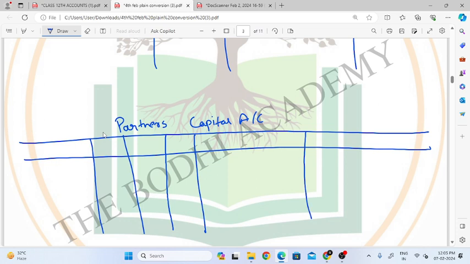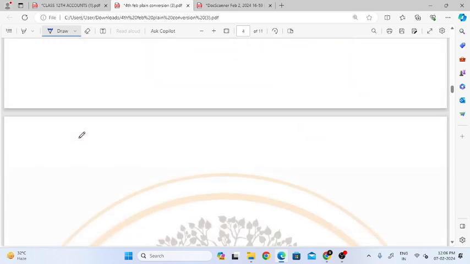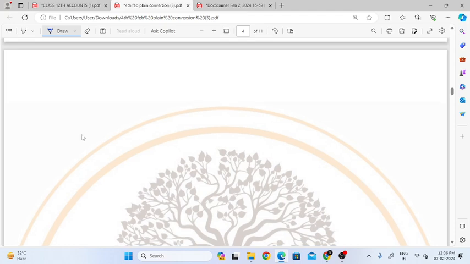And again particulars. Okay, and side by side I'll prepare the balance sheet over here. Balance sheet of the new firm.